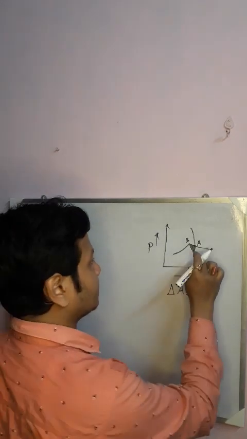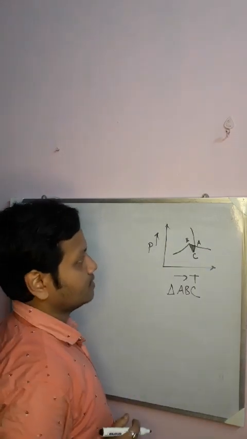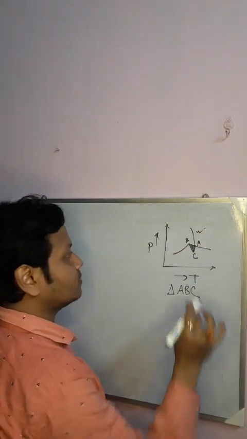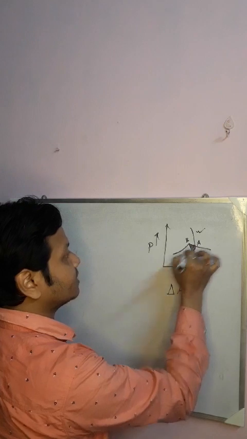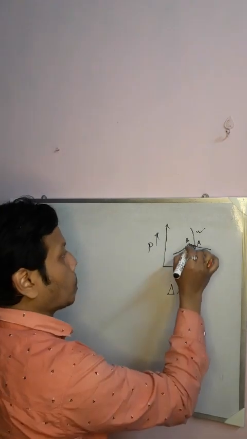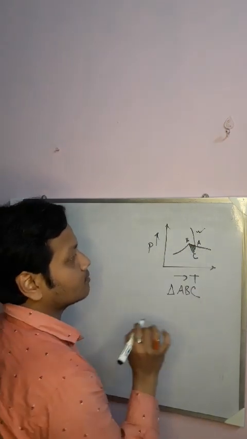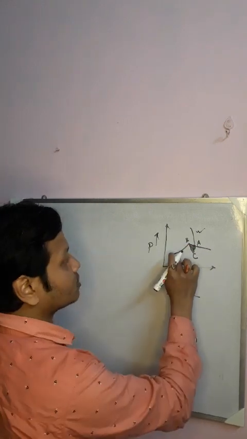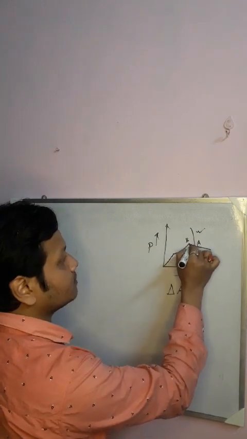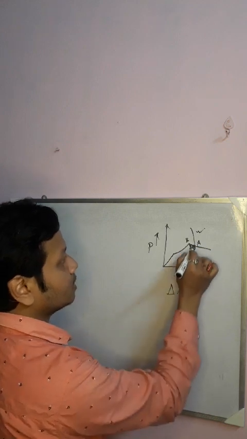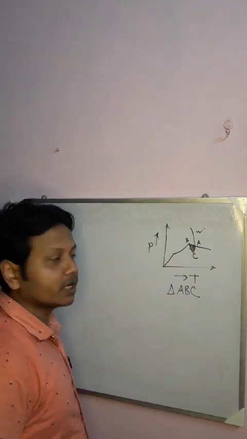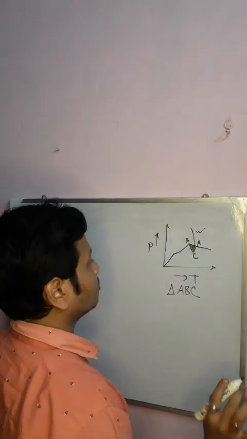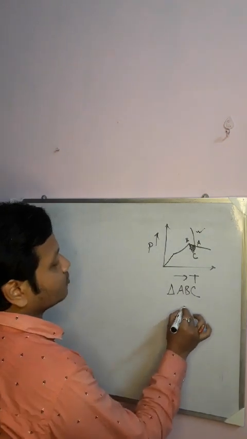Why? Because if it happens, then according to the ice line, the matter must be in solid state within the shaded region. According to the vaporization curve, the matter must be in liquid state in this portion, and according to the sublimation curve, the matter must be in vapor state in this region. So this is not possible. So they must meet at a particular point.